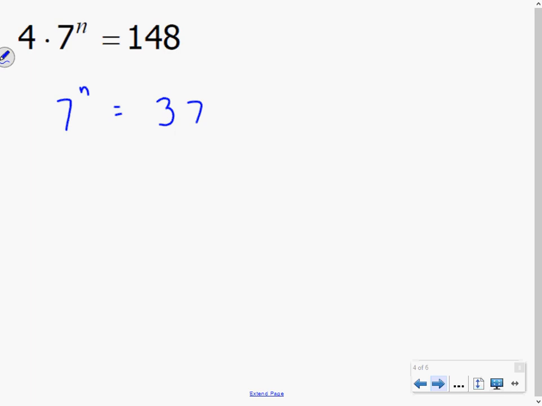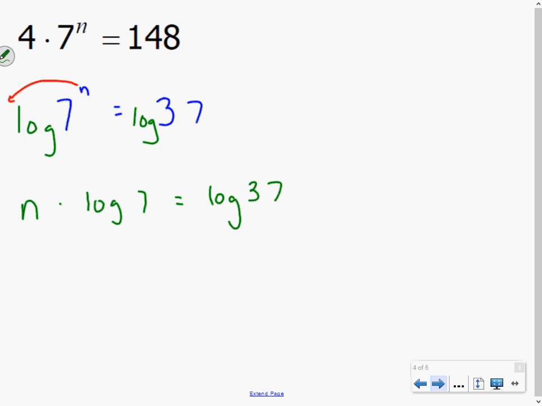So remember, our strategy here is to take the log of both sides. When I do that, I'm going to be able to move my exponent down, which is going to allow me to actually solve this equation. So now we have n times log of 7 equal to log of 37. And to solve for n, I just need to divide both sides by log 7.